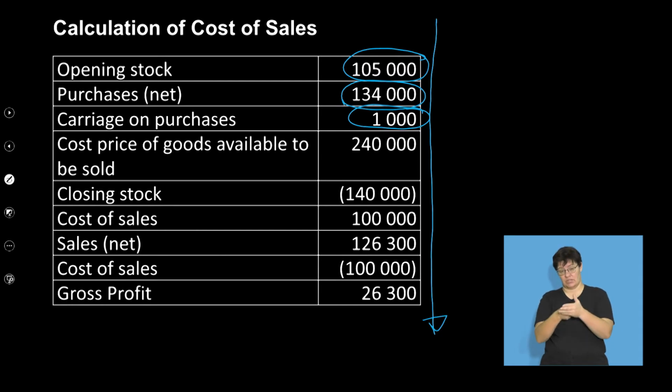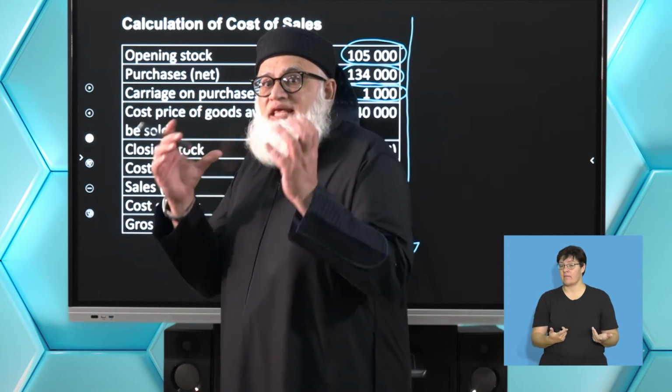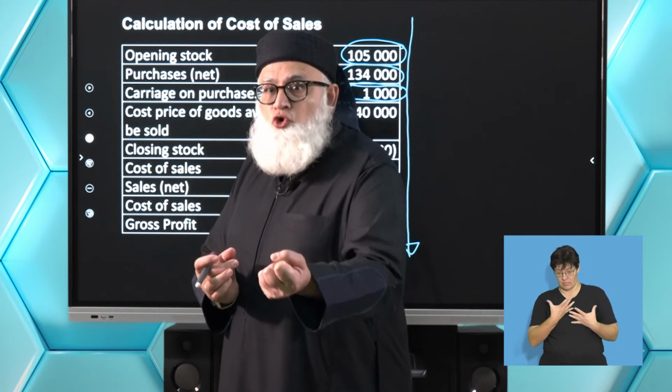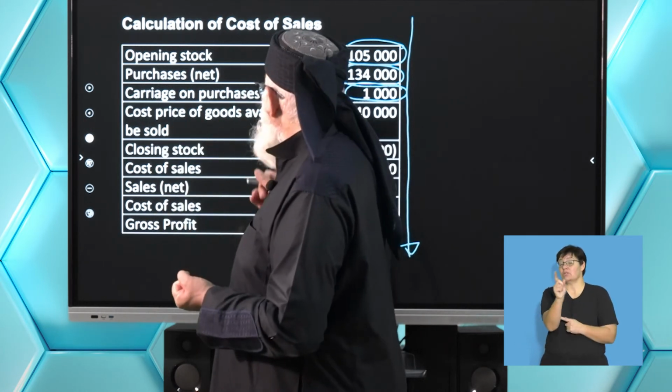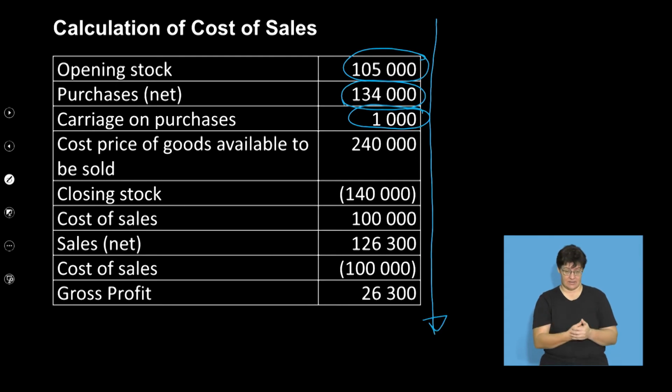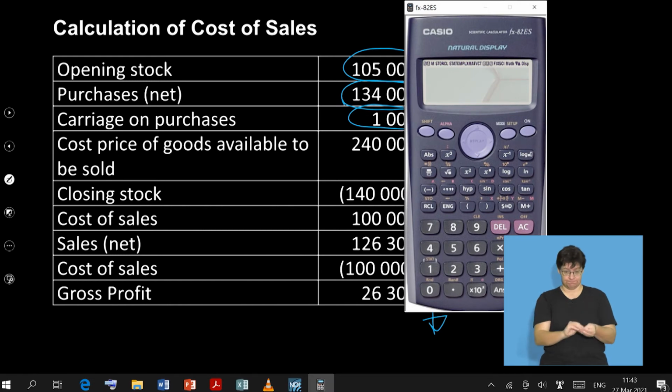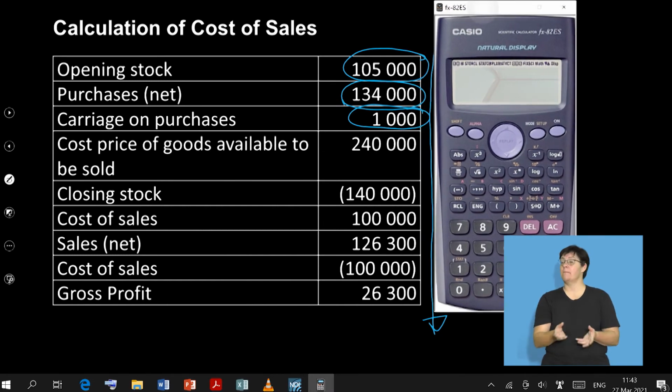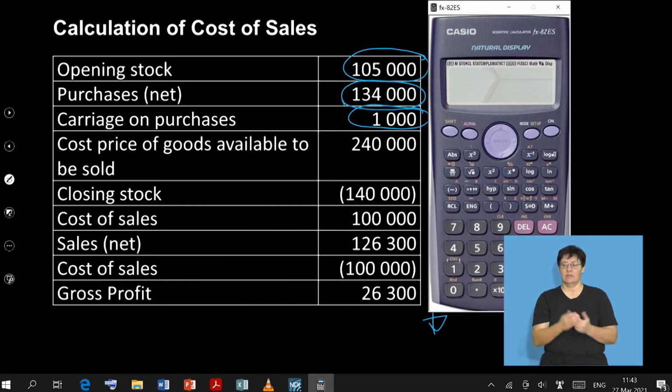So in this way here, you can see that based on the given information, you are expected to calculate the cost of sales. This added together will now give me my opening stock of 105,000 plus the 134,000 Rand net purchases, right?